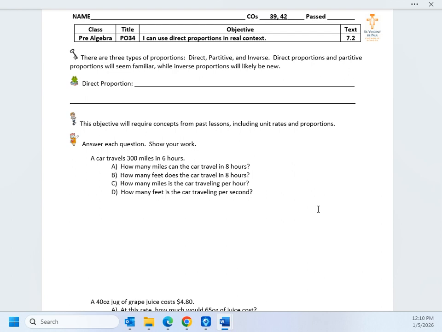So we're starting off our next unit working with proportions, but we're going into deeper stuff that we have not done before. Our first one is: I can use direct proportions in real context. We are going to be working with word problems, not just having the math equation set up and being able to solve them.